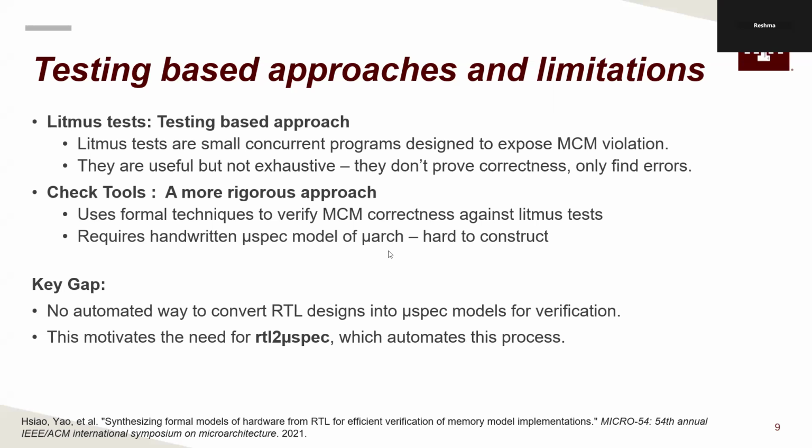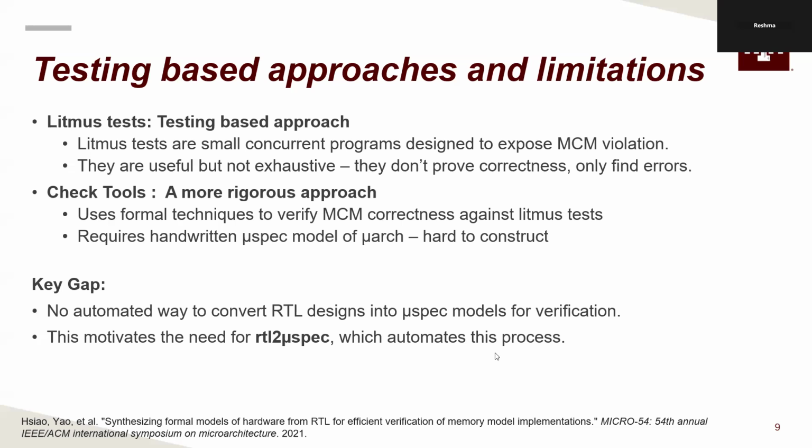But these tools require a manually written microspec model of the microarchitecture, which is difficult and time consuming to construct. Now, the biggest challenge is that there is no automated way to convert RTL designs into these microspec models for formal verification. So, the RTL2 microspec now fills this gap by automating the conversion, making the MCM verification more efficient and scalable.